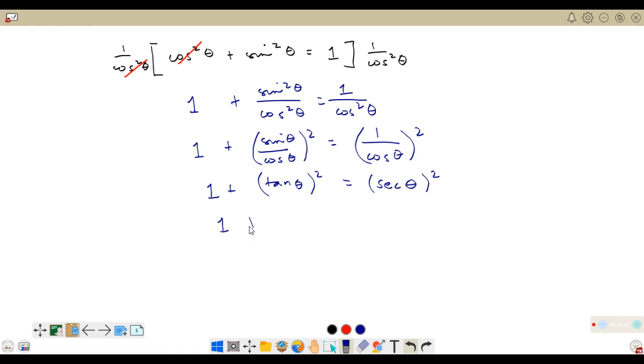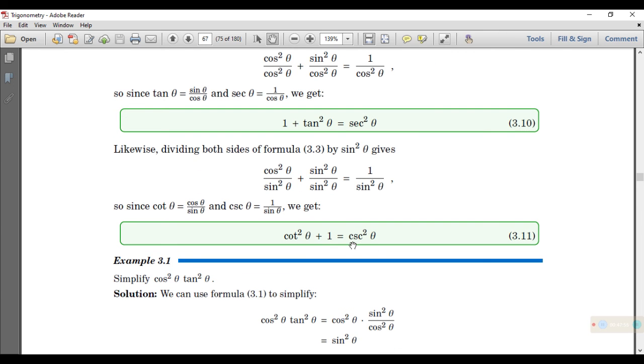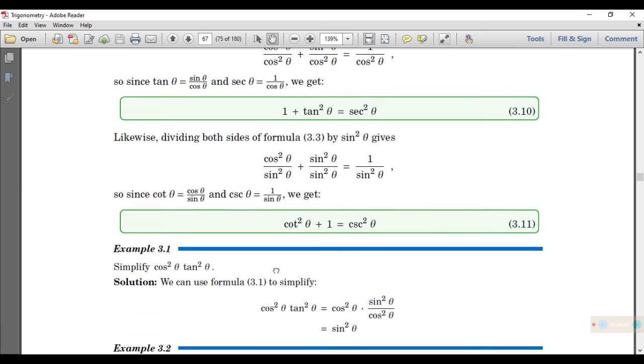So, we have 1 plus tangent squared theta is equal to secant squared theta. So, dito yun galing. Okay? Ganon din dito sa kabila, ang i-divide mo naman ay si sine theta. You will end up with 1 plus cotangent squared theta equal to cosecant squared theta. Okay?